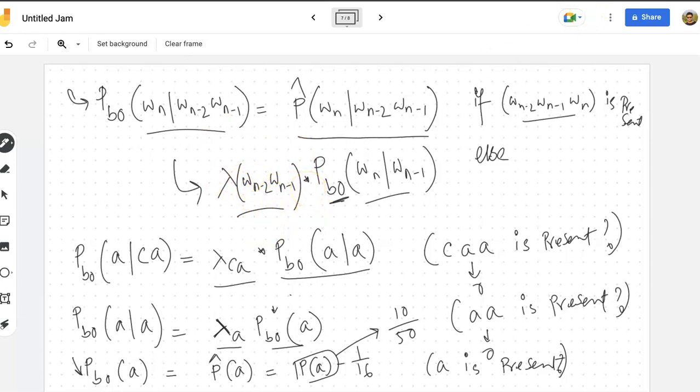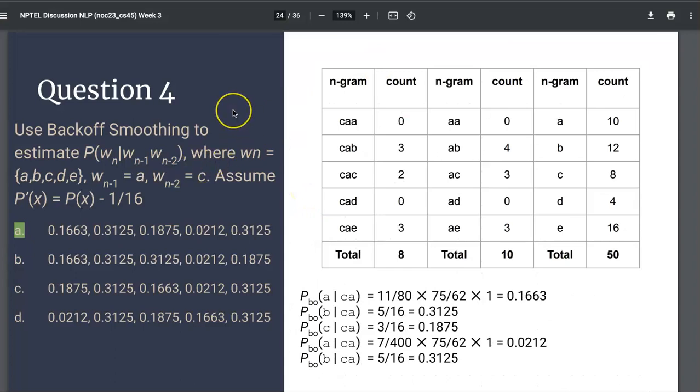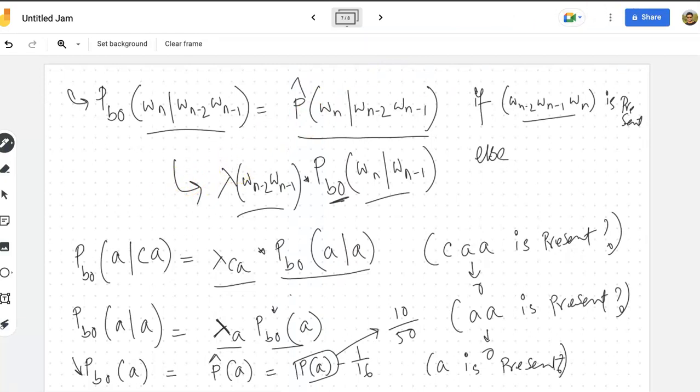So for each of these questions, if you just look at the question, you might feel like okay, the question is very big, it's very difficult. But no, if you just write the formula, and see what are the parts that I need to calculate, and check what are the values that are already available and what are the values I need to derive, then this thing is pretty clear. Just see, okay, this thing is already done, then we need to calculate this lambda C and all this.